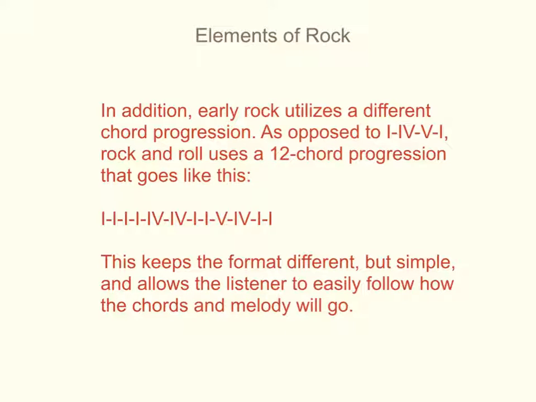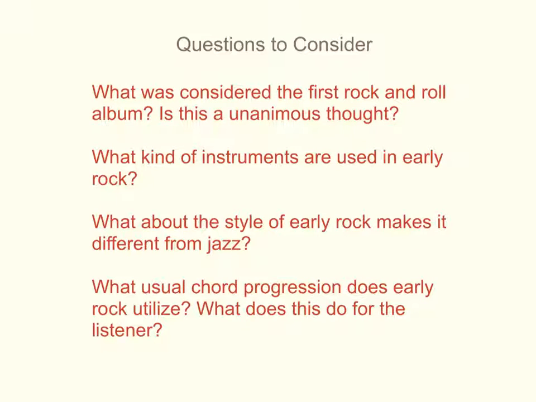The 5 leads into the 4, and then back to the 1. As you can see, all of these chords are major, leaving no room for minor or diminished sonorities. This kept the format very simple, albeit different, and allowed the listener to easily follow chord progressions as they came along in the music.